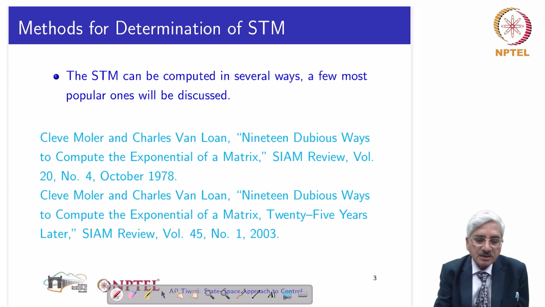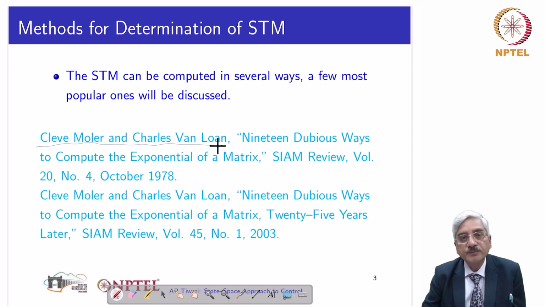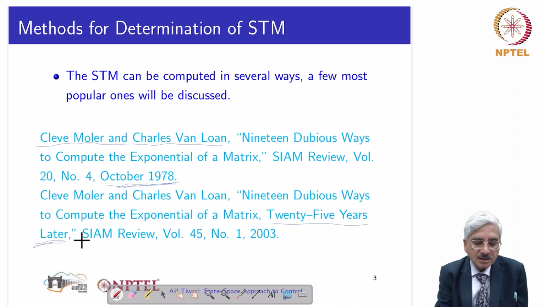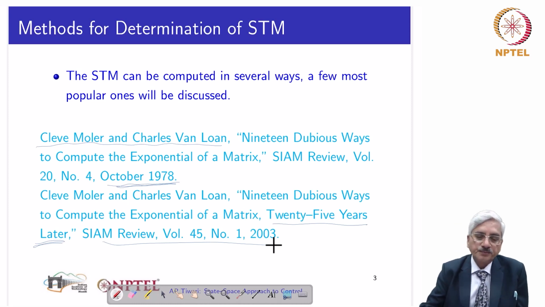One can refer to the reference by Cleve Moler and Charles Van Loan, 19 dubious ways to compute the exponential of a matrix, which appeared in SIAM Review in October 1978. 25 years later, the same authors have brought up the review again in 2003. One can refer to this, or in the textbook, numerous methods of computation of the state transition matrix are available.